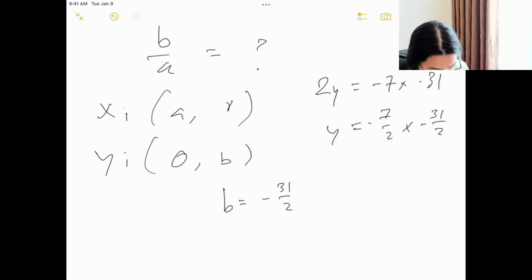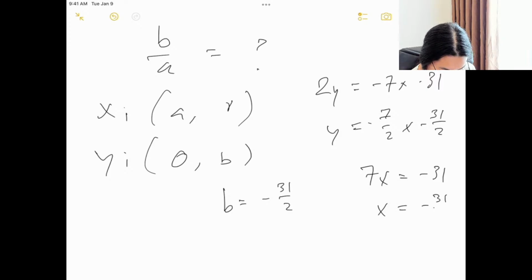Now when y is equal to 0, then we get 7x is equal to minus 31, so x is minus 31 over 7. That's for a, because we just made y equal to 0, correct?